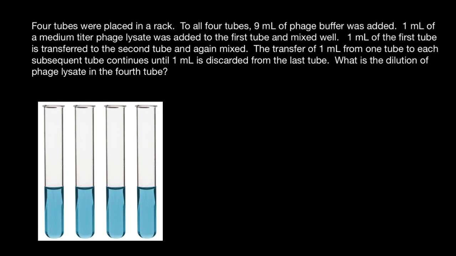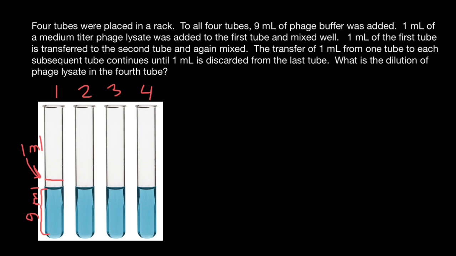Let's say this is tube number 1, 2, 3, and 4. Now imagine that this is going to be a buffer, which is 9 milliliters, plus 1 milliliter of the phage lysate. So total we have 10 milliliters.